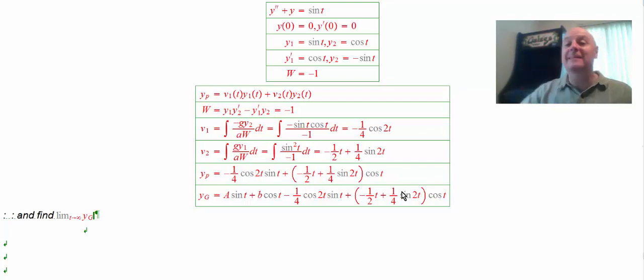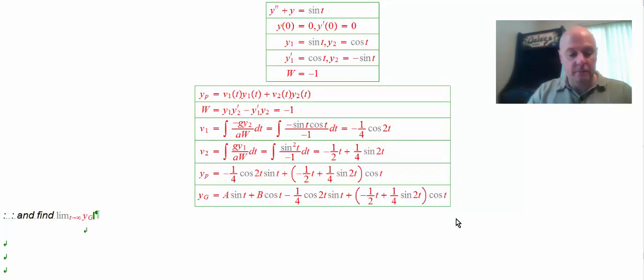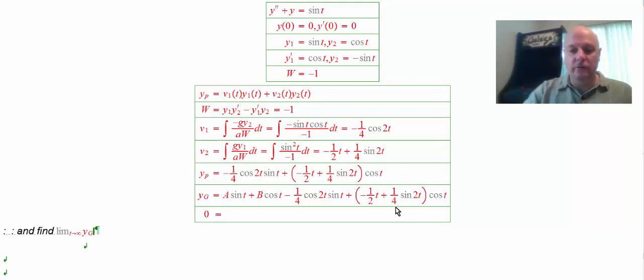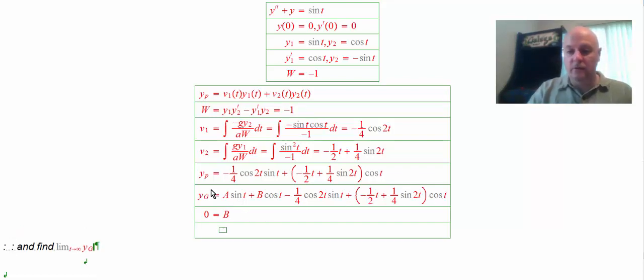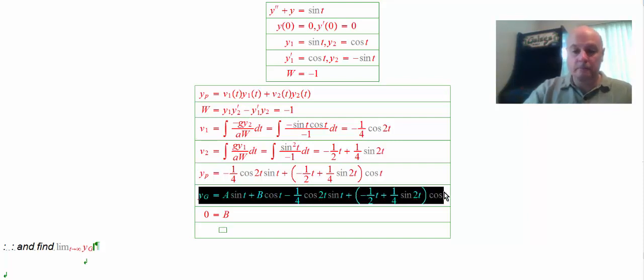It's only now at the end that I use the initial conditions to figure out the constants A and B, C1 and C2. I think I call those K1 and K2. They're two constants. Let's invoke when t is equal to 0, y is equal to 0. So that means 0 equals, sine of 0 is 0, cos of 0 is 1, sine of 0, that's all 0. So b is equal to 0.